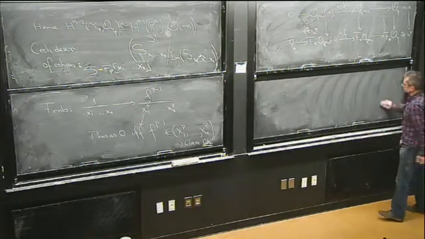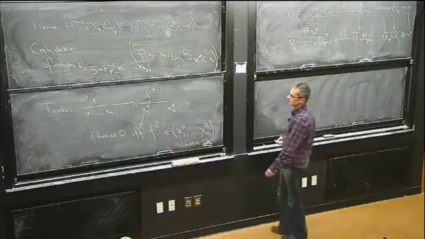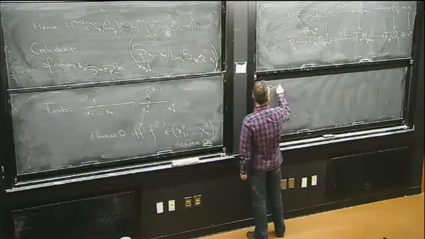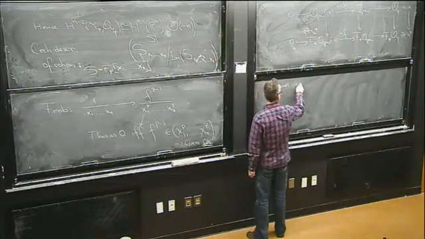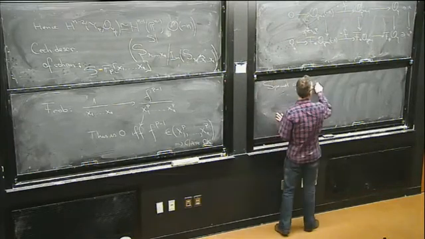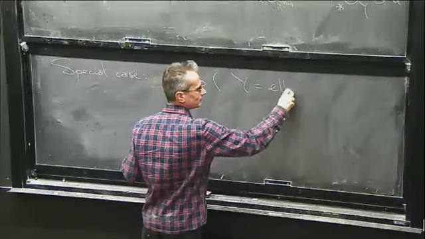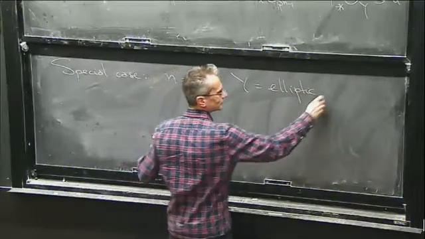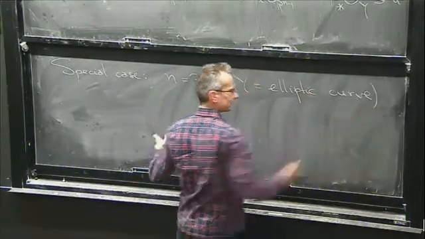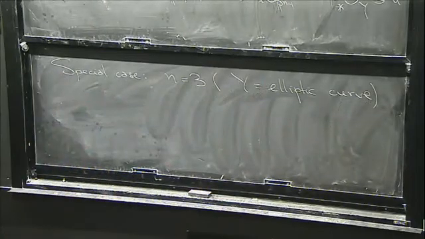Okay, so a special case: when n is equal to 3, then Y is an elliptic curve. Okay, so what's known in that case? First of all, this condition has a name.